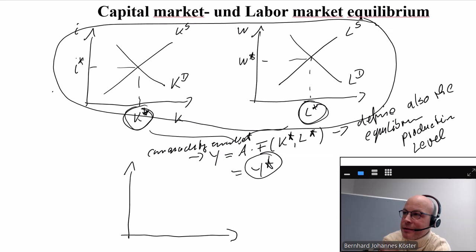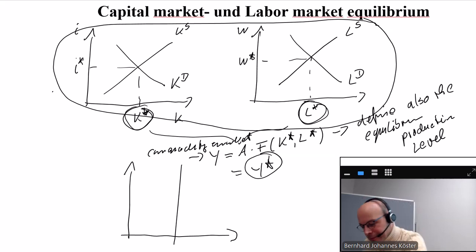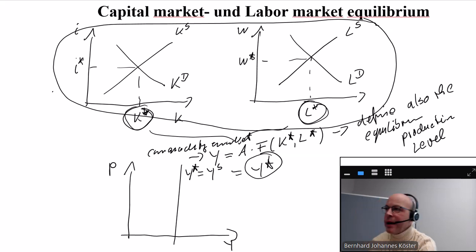That then translates into this vertical supply curve, depending on prices and output. And this is then Y star, or in our AS-AD model, YS, the long run supply curve.